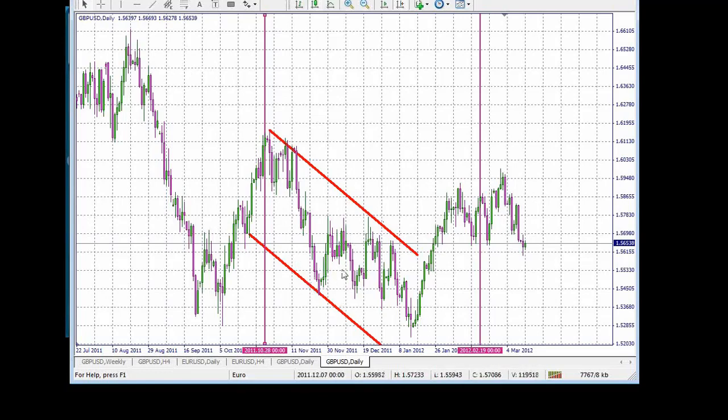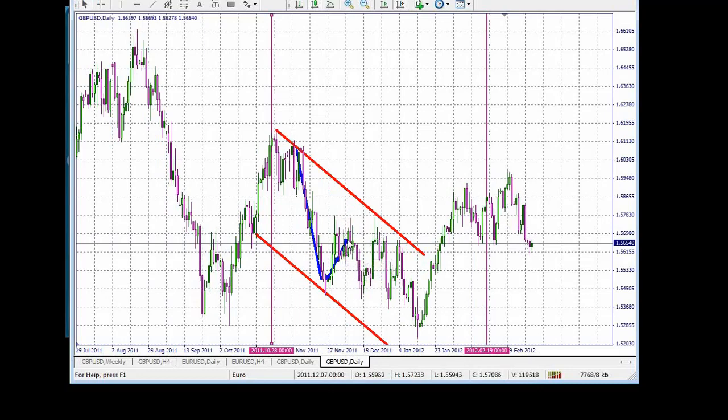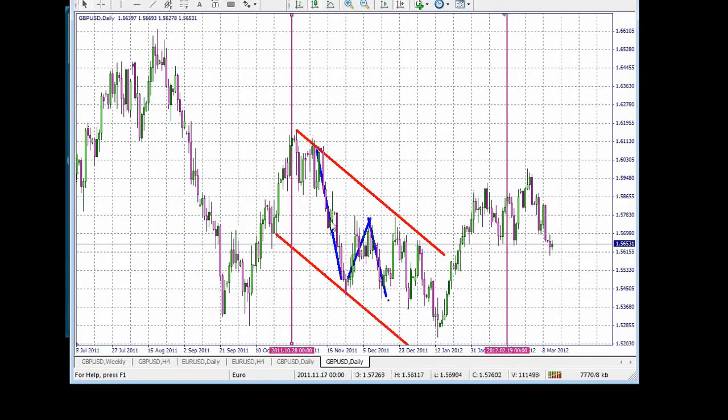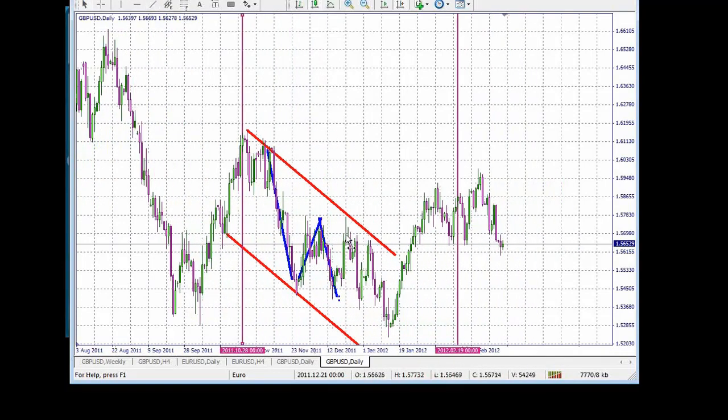Also it is not usual. We have 1, 2, so we can see also that wave 3 is not the strongest, and the last wave is bigger than wave 3.